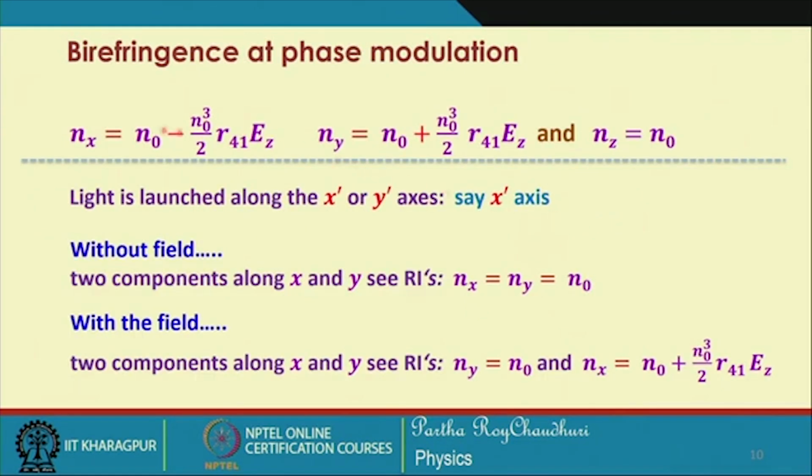So, let us see that once again. This n x is represented by this, n y is represented by this, which are the signatures of the applied electric field, n z is 0. So, light is launched along x prime or y prime axis. Let us suppose that first we considered that light is launched along the x dash axis.